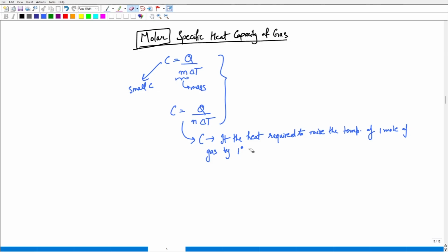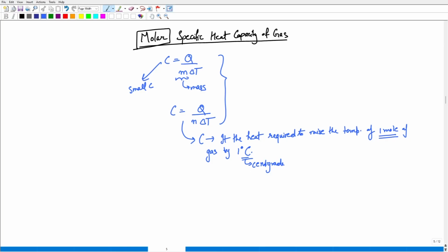This is just centigrade, don't confuse it with anything else because of this discussion. So this is the temperature of 1 mole of gas. The only difference is this 1 mole. When we define small c, we say it is unit gram or unit mass, but here it is 1 mole. So be clear about it.